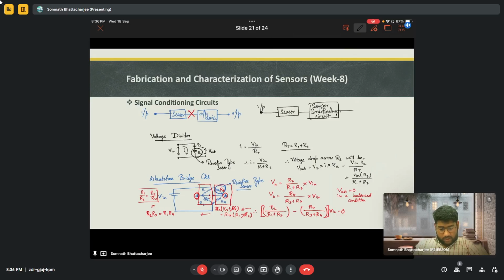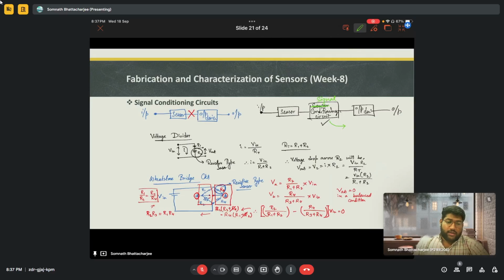Then you can give this value to an output device and it will give you the output. It will work perfectly fine. So what are the things we need to know from this? The main thing to know is that this will be a signal conditioning circuit, sorry.